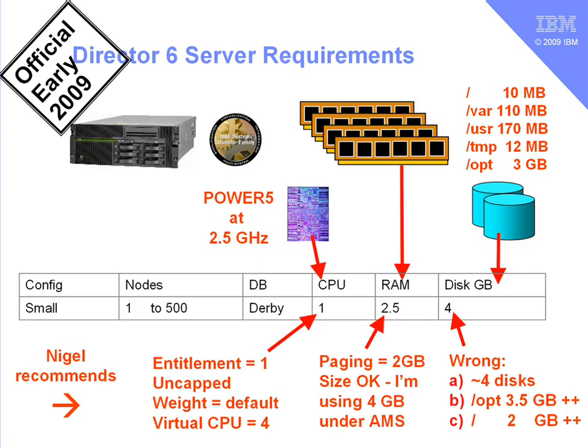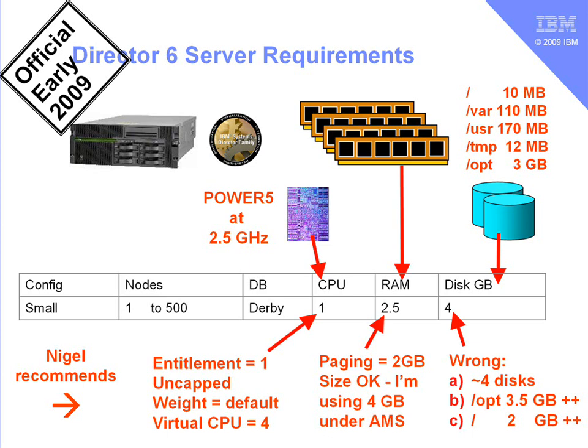If it's not doing those sorts of actions, then it won't actually need much CPU. There'll be a few little daemons ticking around, taking up a fraction of a CPU. So allocating a whole CPU to the Director6 server logical partition is actually quite a waste of resources.